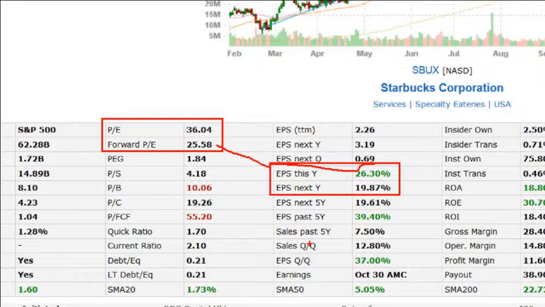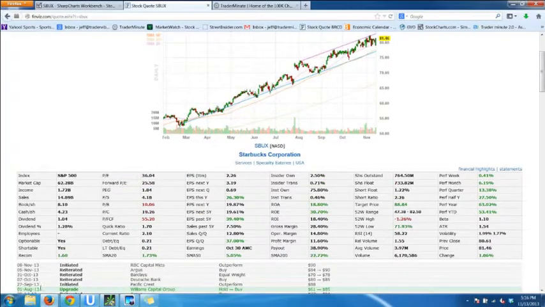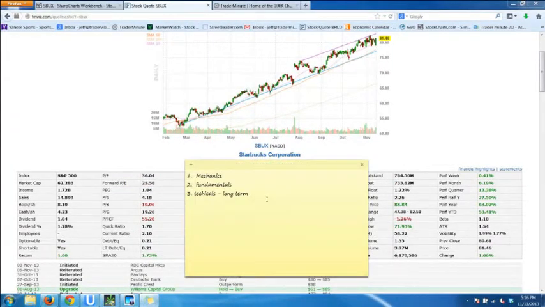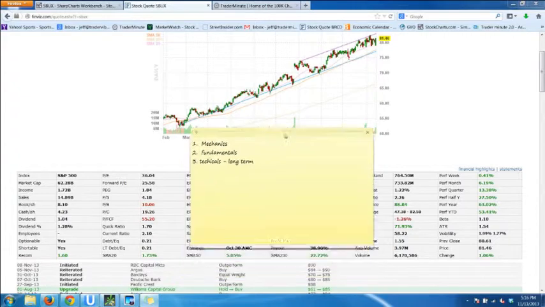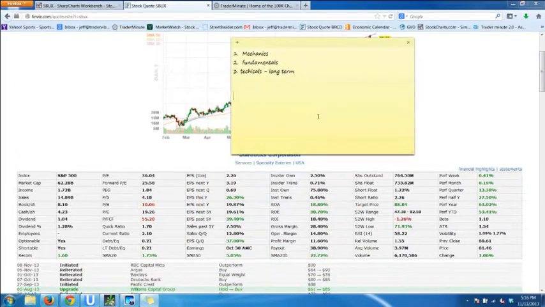Okay? But one of the tendencies we find in the market, okay, is simply this. When the PE ratio is less than the earnings per share this year, the stock tends to be in a bullish mode.